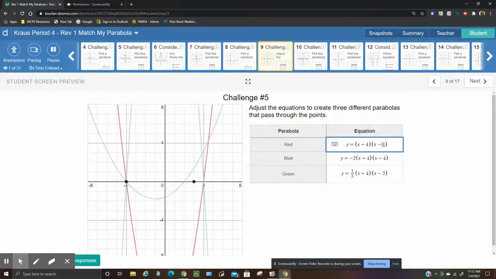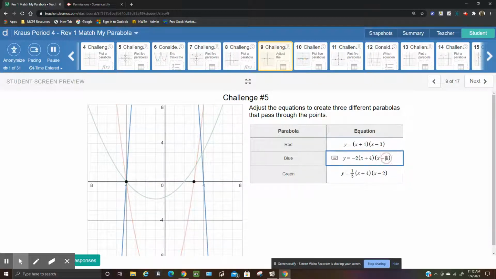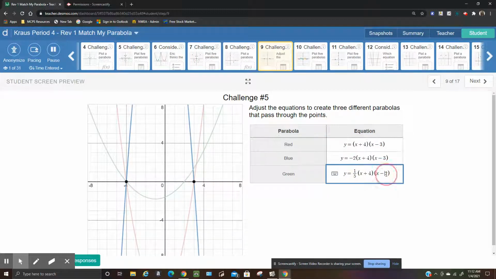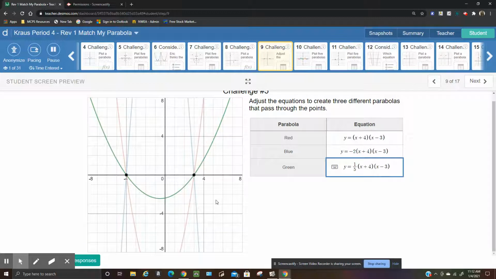Whoops, I got the wrong value. This should be 3. All right, so you want to use the intercept form there and make sure the parabolas go through. The intercepts are -4 and +3.